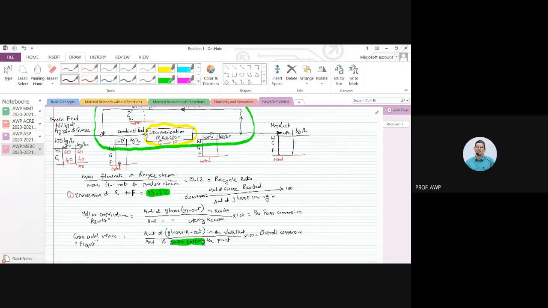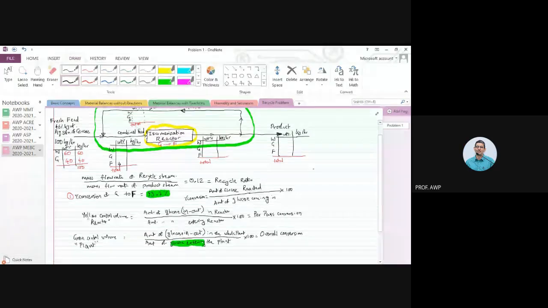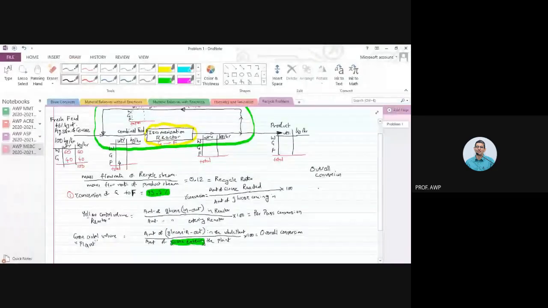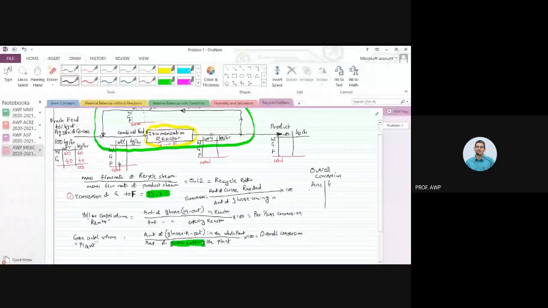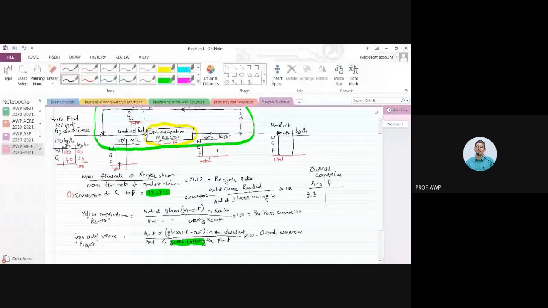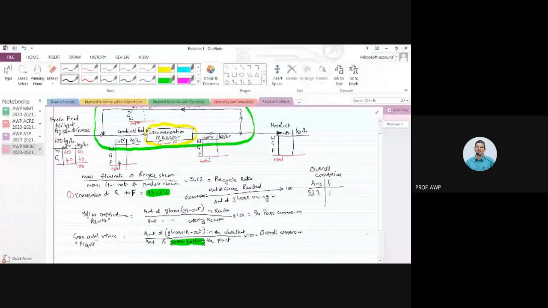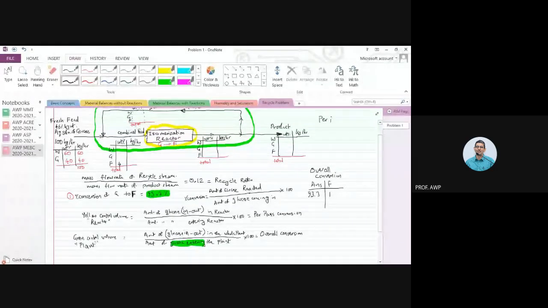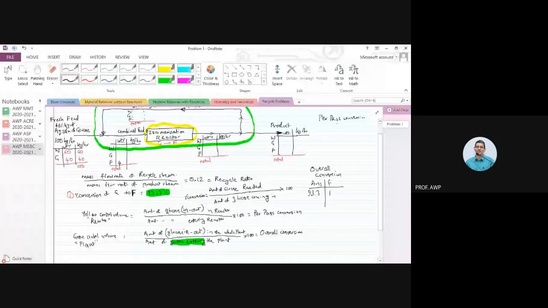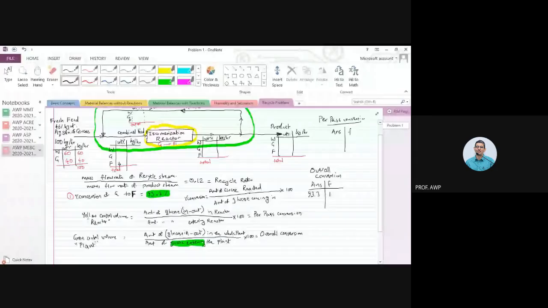Okay. So we have now two answers. Overall conversion: there is one answer, 93.3. Oops, sorry, not 9.33, 93.3. That is one answer. And we also have per pass conversion, 93.3. The answer is the same.